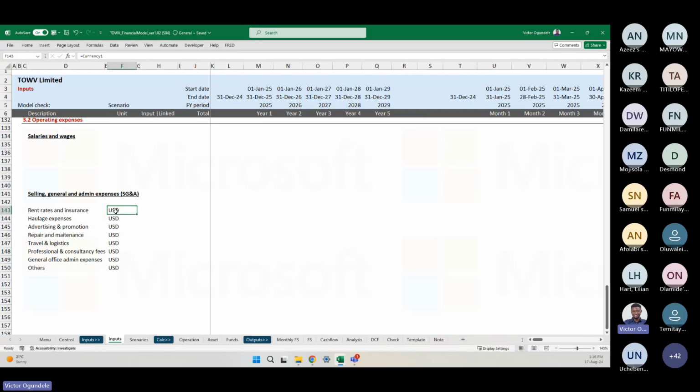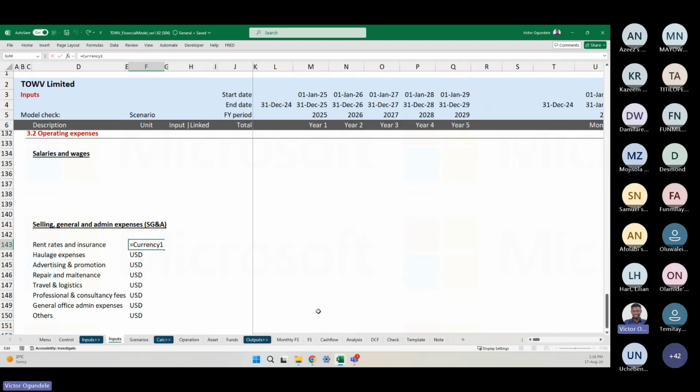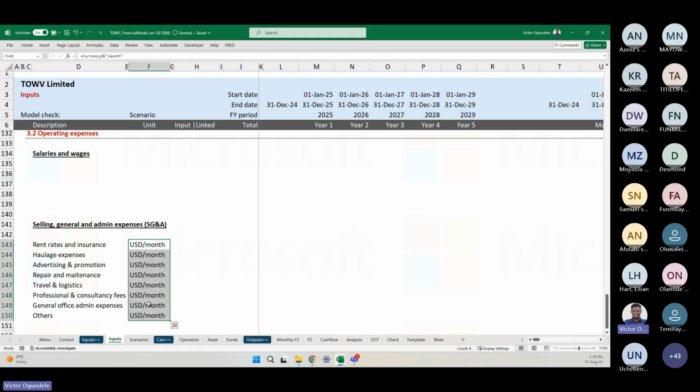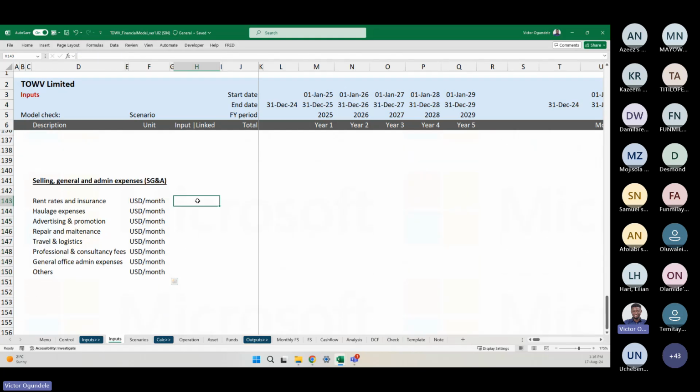It's not always good we assume that they know that the inputs that we have are on a monthly basis. So most times you can just put your currency, put your join function, and type open my double quotes, slash, and put month there, so that it appears like this, USD per month.